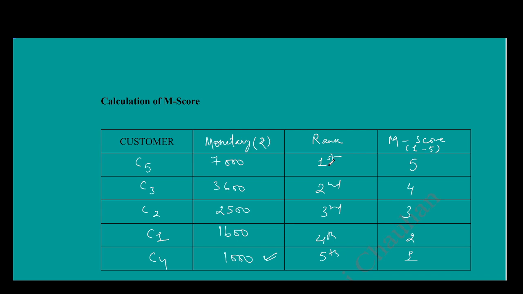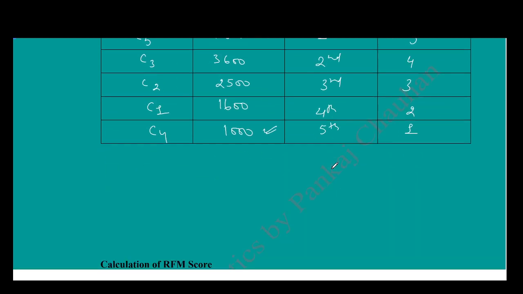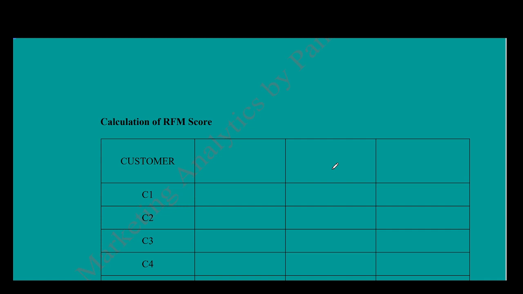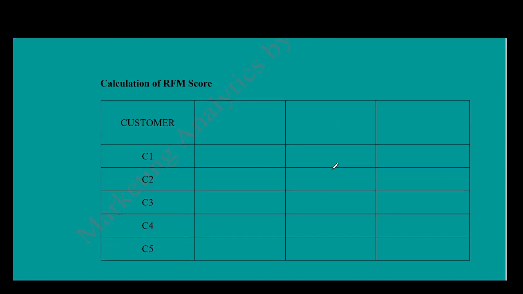Now, once we have allocated all the scores like R score, F score, and M score, the last thing remaining here is the calculation of RFM score. When I say RFM score, it means I'm going to take the combined score. So these are the customers C1, 2, 3, 4, and 5. The RFM score will be calculated from the R score for C1.